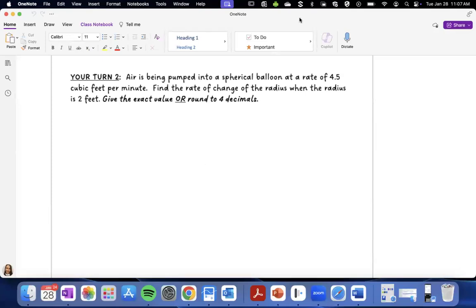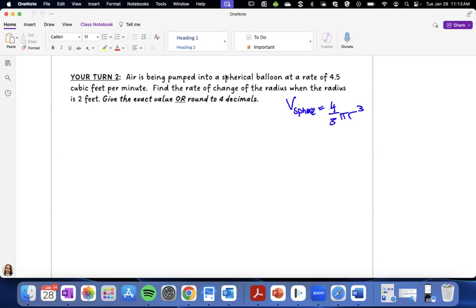I'm gonna pause the video here. Okay, so if you were wondering, the formula for the volume of a sphere is 4/3 pi r cubed. So you can continue if you were onto something but didn't have the formula. Air is being pumped into a spherical balloon.